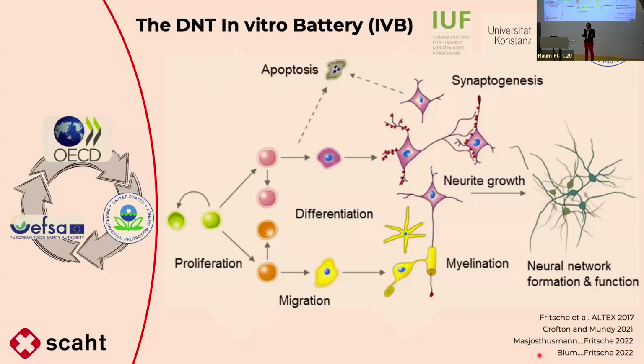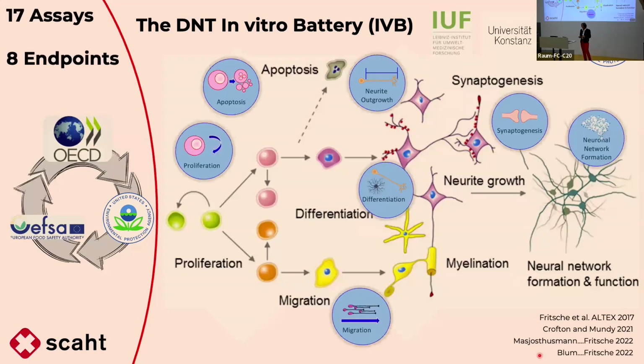Just as one example, lead exposure in children inhibits synaptogenesis, and you have a lower IQ in these children. Similarly, Zika virus infection affects the proliferation of the neural precursor cells. You have a microcephaly, also an adverse outcome in the children. And so this is the principle behind it all.